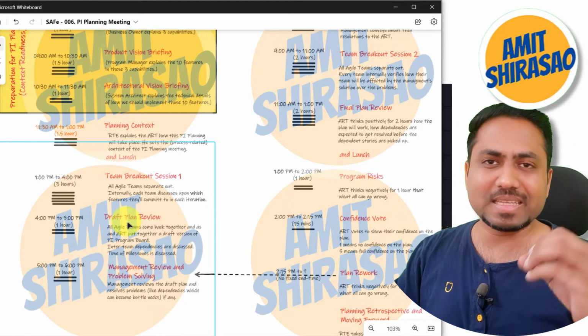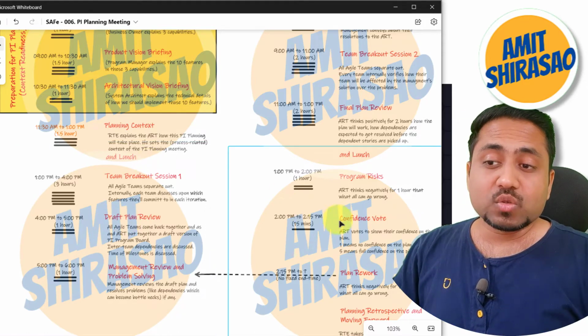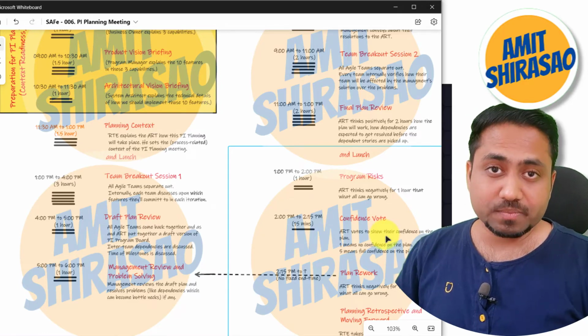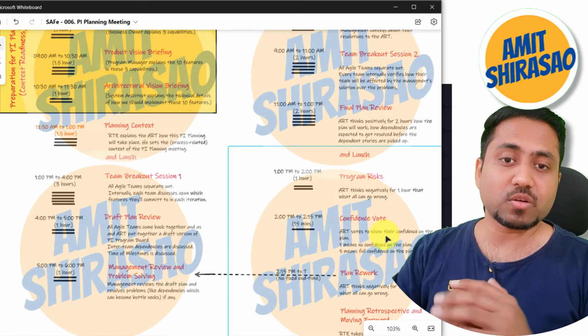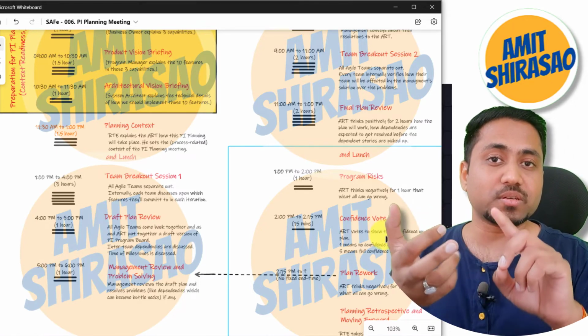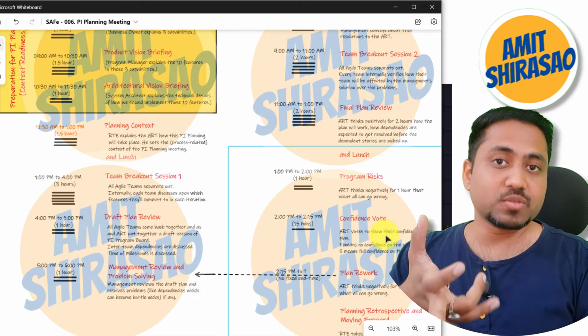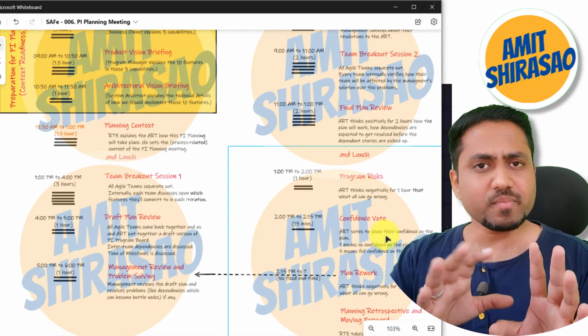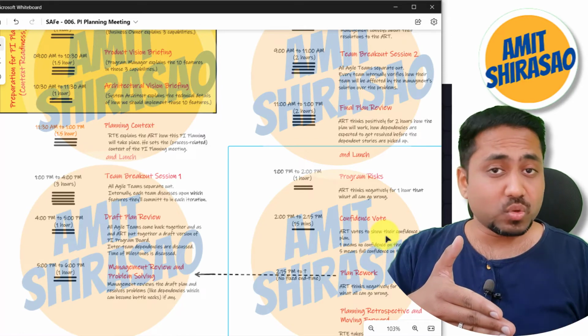Okay, anything is okay. So in the confidence vote, all the members of the ART vote. Who are the members of the ART? All the teams. Every team has a Scrum Master, Product Owner, your individual developers, QAs, everybody.